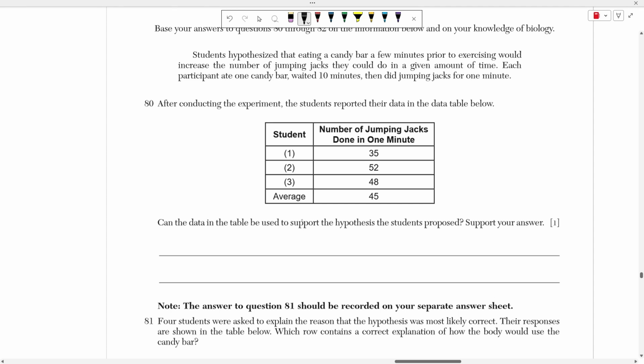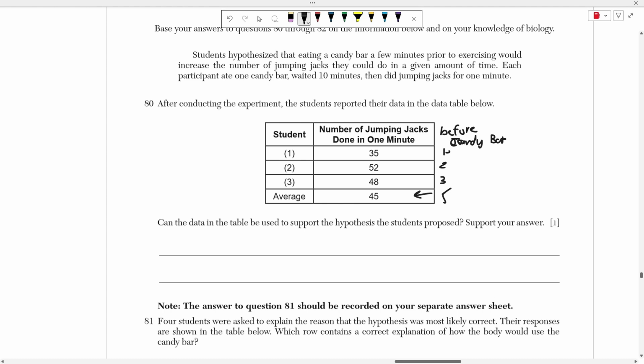So if I had another column here that said like before jumping jacks or before candy bar, and I had like 10 jumping jacks, 2 jumping jacks, 3 jumping jacks, and the average to this would be 5 jumping jacks, then I would conclude then yes, eating the candy bar does make you do more jumping jacks, because on average our average increased from 5 to 45 after we ate the candy bar.